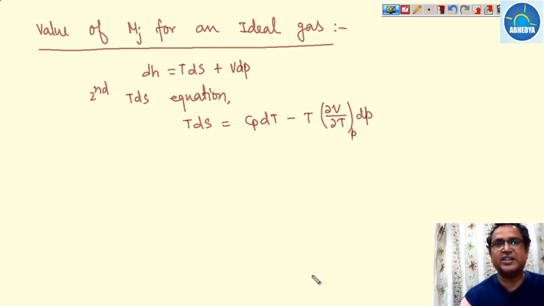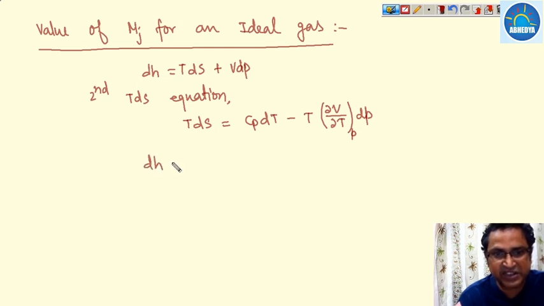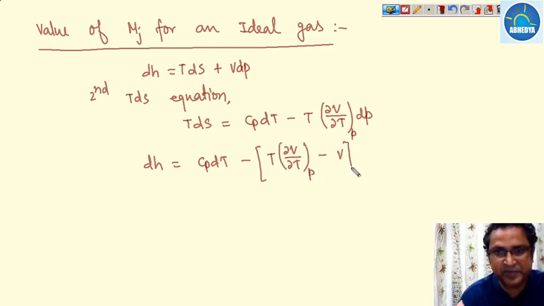Now put the value of TdS in the earlier equation, then dH becomes Cp dT minus T times del V over del T at constant pressure minus V times dP.